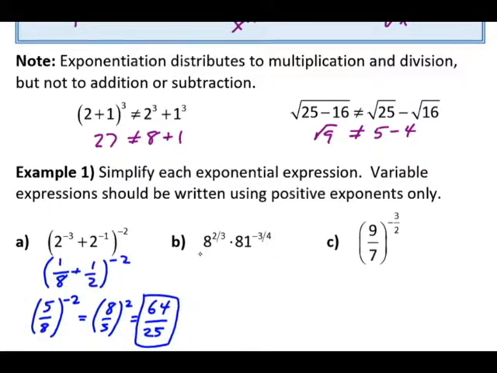For example B, we're going to look at the very useful technique of rewriting in terms of a lower base. 8 is 2 cubed.